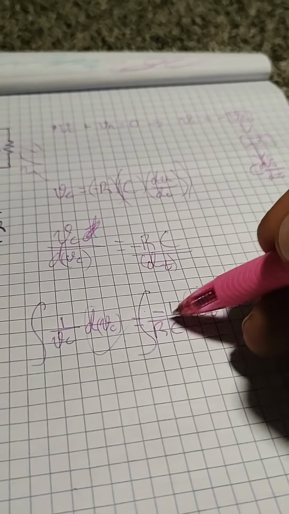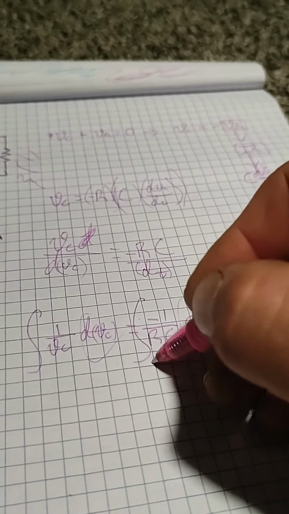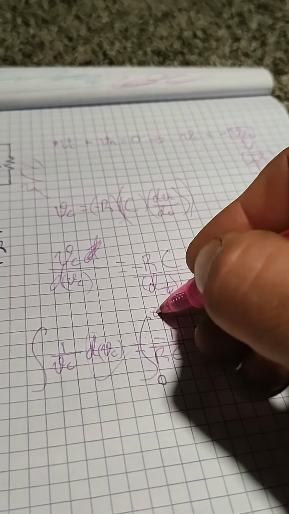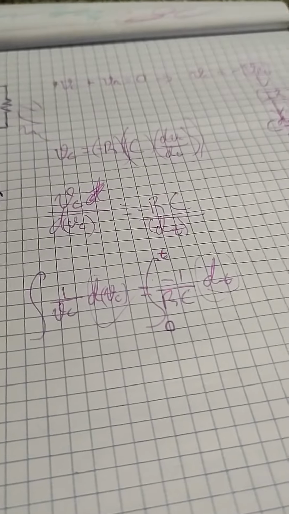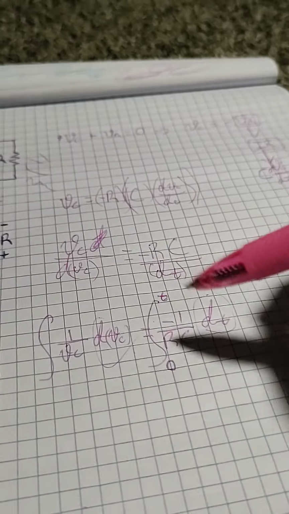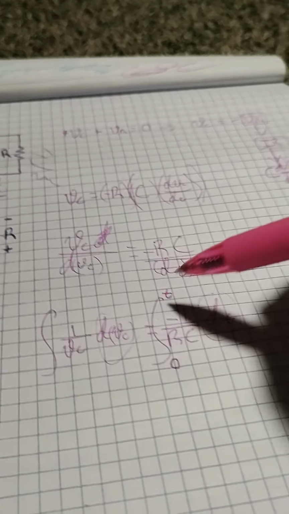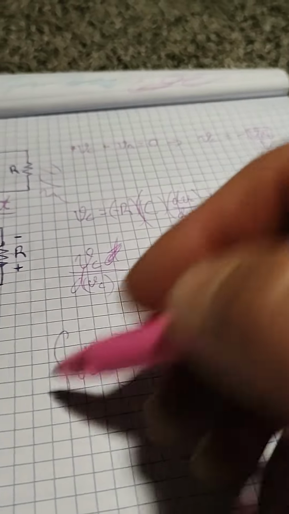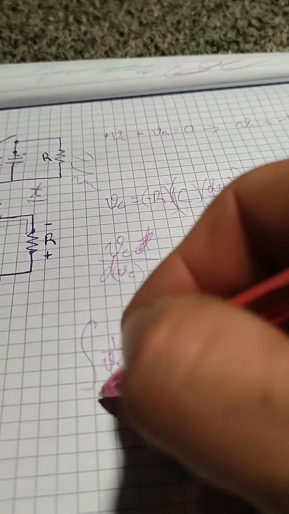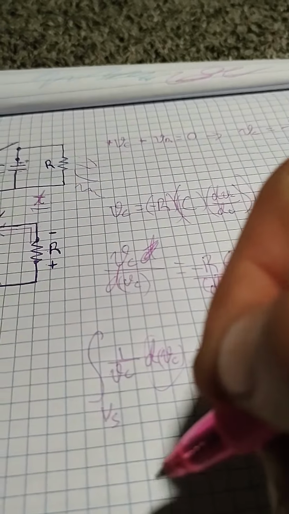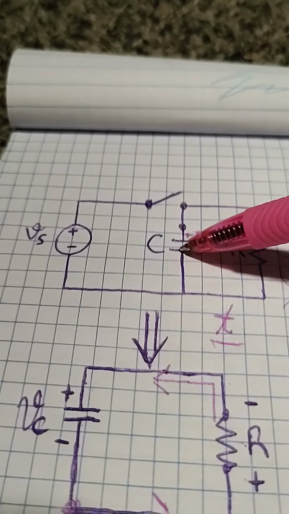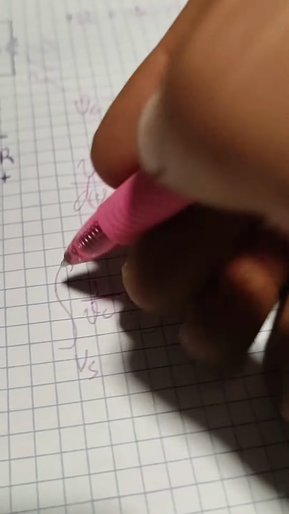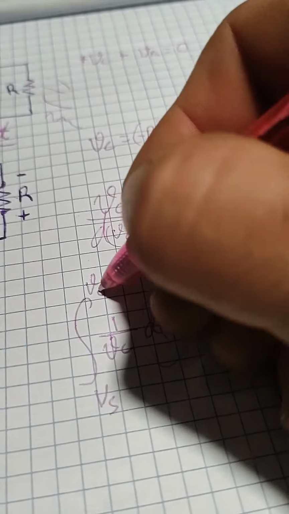So we're going to integrate negative 1 over RC over time from 0 to our maximum discharge time, which we're going to call T. And on this side, we're going to integrate from Vs, because when we charge this capacitor up, it will be equal to Vs, so that's our starting point. And we're going to integrate that to Vc.